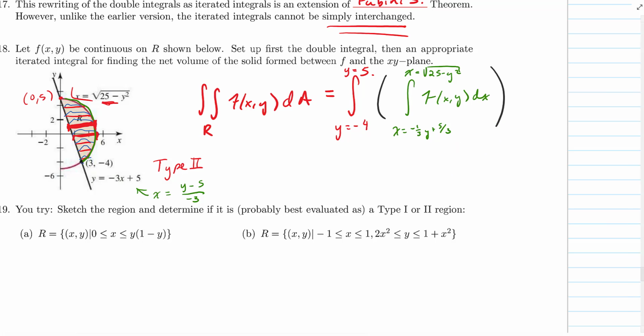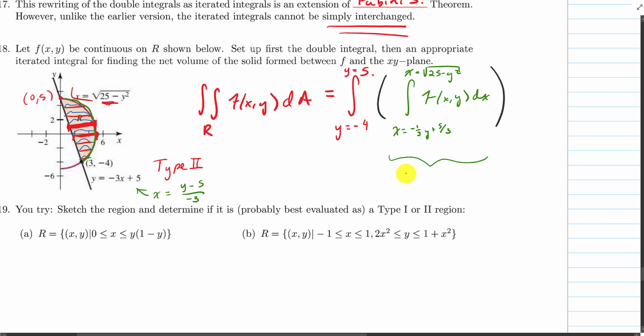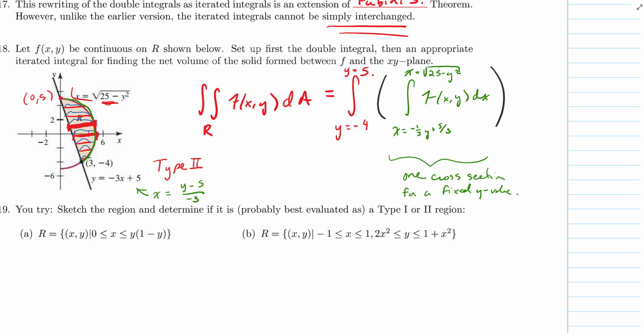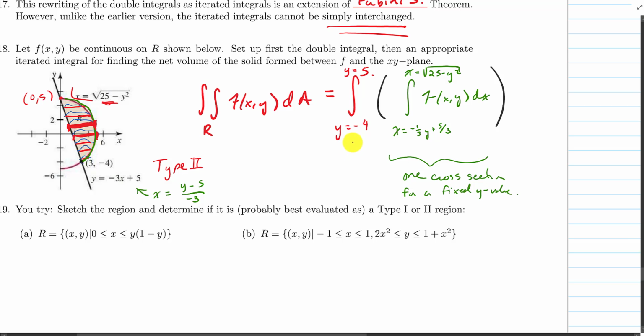Again, I want you to think about this. This is one cross-section for a fixed y value. And then we're going to add up all of those different cross-sections from the y value -4 to the y value 5. And that's what that integral would establish for us.